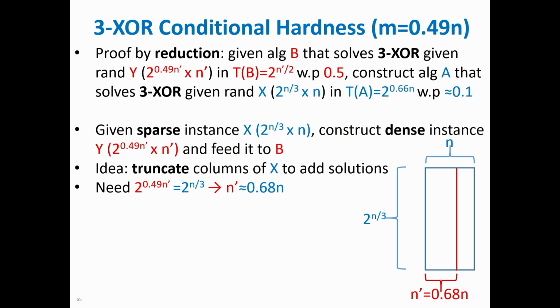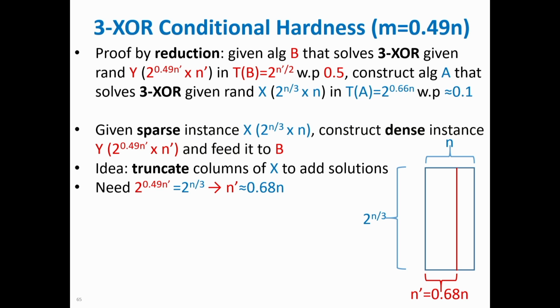This thinner matrix obviously has more solutions because there are fewer constraints. There could be 3 vectors here that XOR to 0, but maybe they don't XOR to 0 on the full row. So we're artificially creating more solutions here. That's basically the reduction.